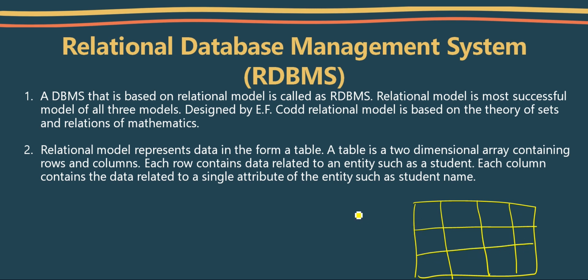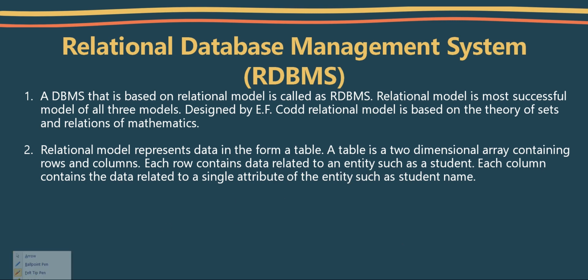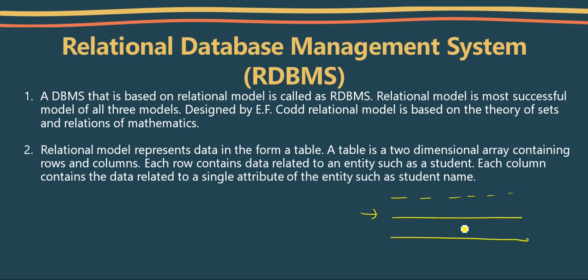So you can clearly see it is going to be something like the matrix you have learned in mathematics. Each row contains data related to an entity. Yes, each row is going to contain what? We have seen that in our employee table different columns are there, but in rows we are going to have different data. Let's say I am the employee, then one row will be dedicated to me.